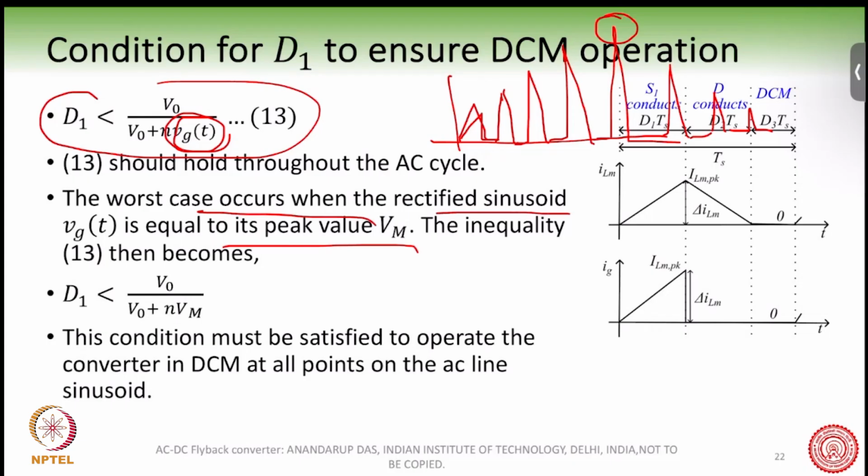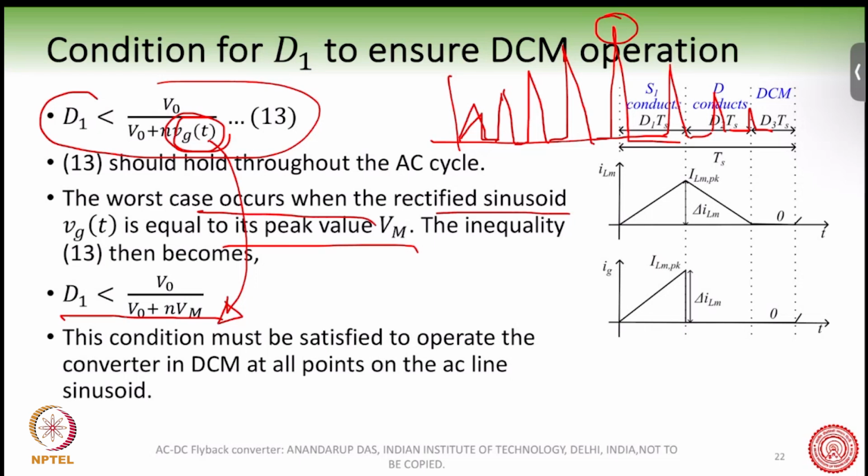Even under that condition, DCM should hold true, right? So therefore, D1 should be, if vg(t) has the maximum value, n Vm. So V0 by V0 plus n Vm, right?